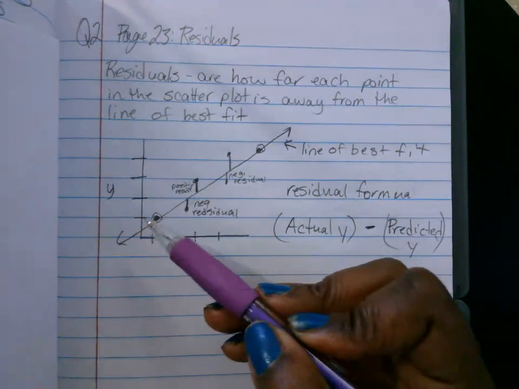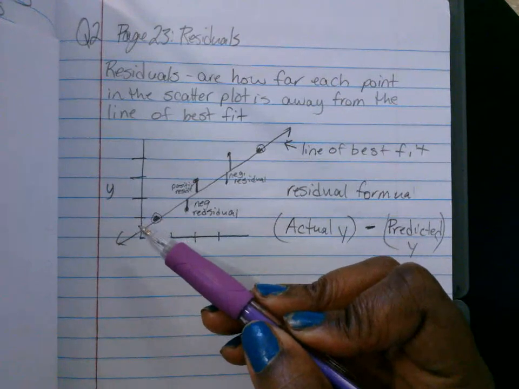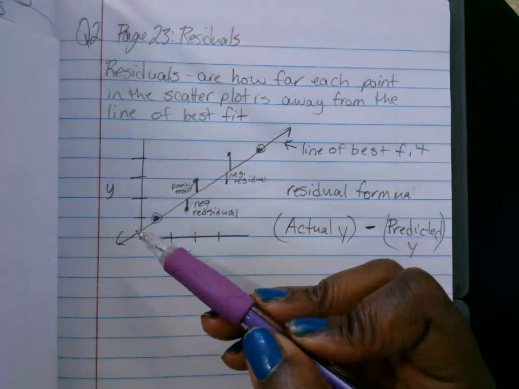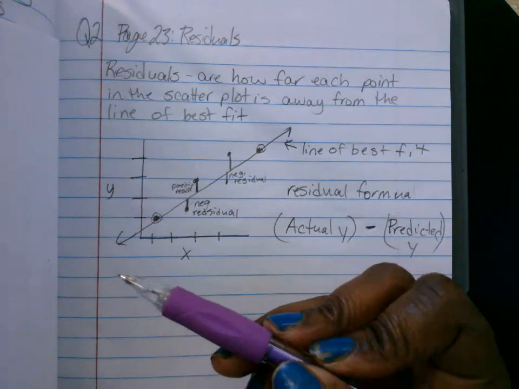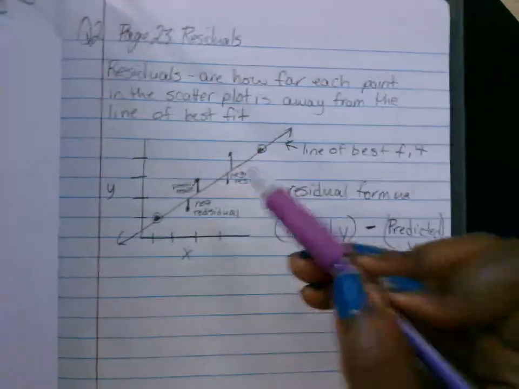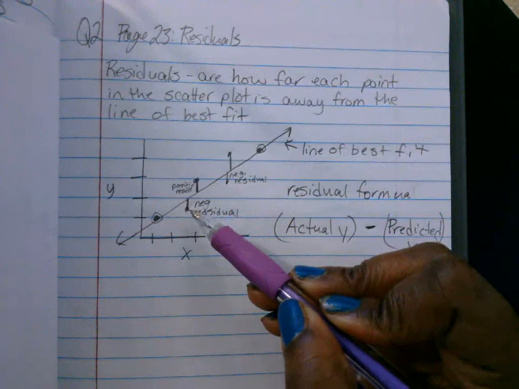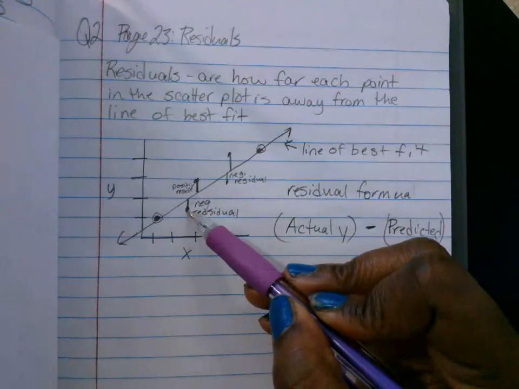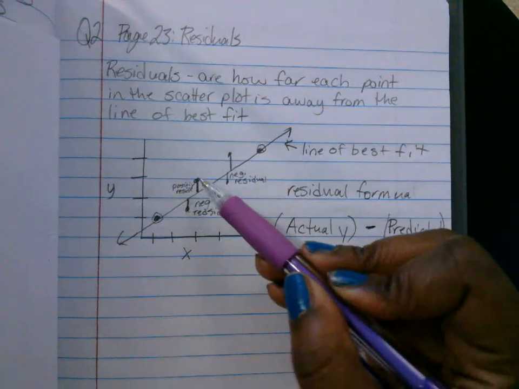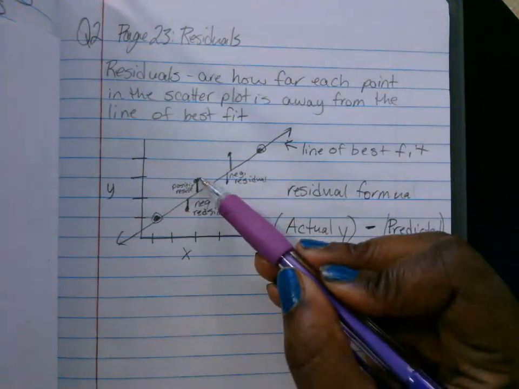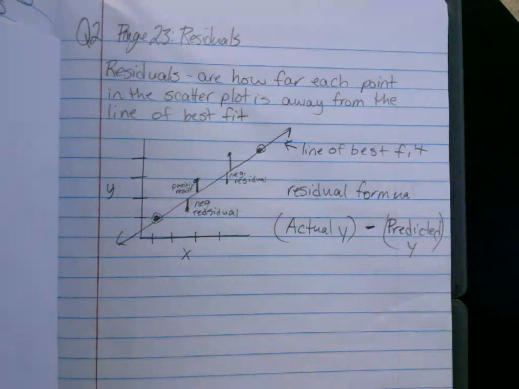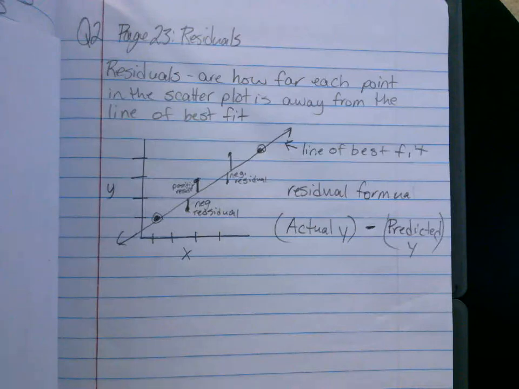If the point is under the line of best fit, it has a negative residual. If the point is above the line of best fit, it has a positive residual. Any questions about whether the residual is going to be positive, 0, or negative?